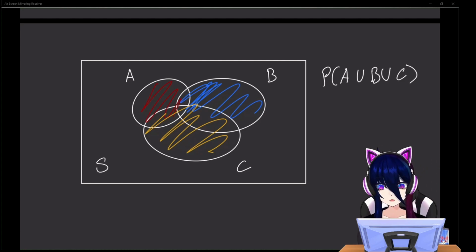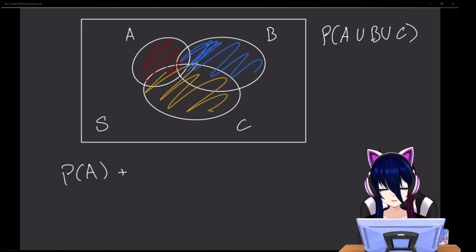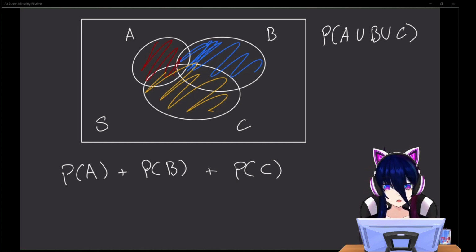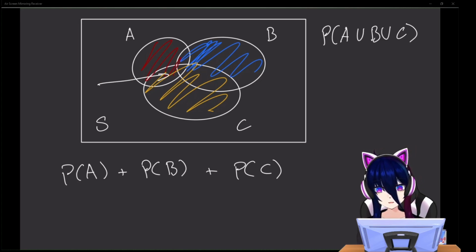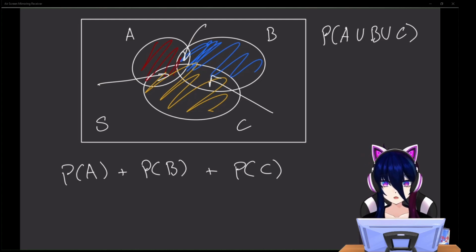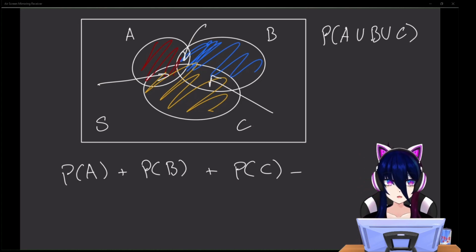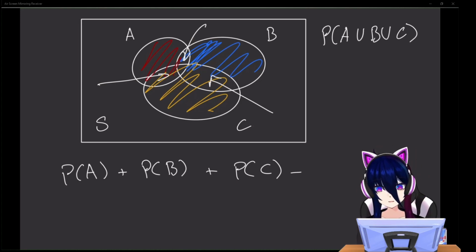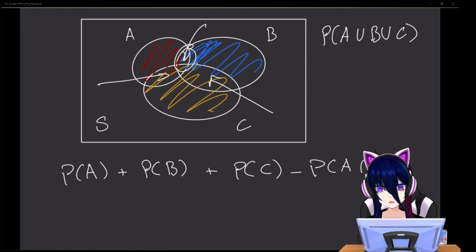All right. So we get the probability of A plus the probability of B plus the probability of C. But now we have to say this space we doubled up, this space we doubled up, this space we doubled up. The intersections of each individual group we have to start removing, just like with the probability of A unioned with B. So we want to remove the probability of A intersecting with B, right there.